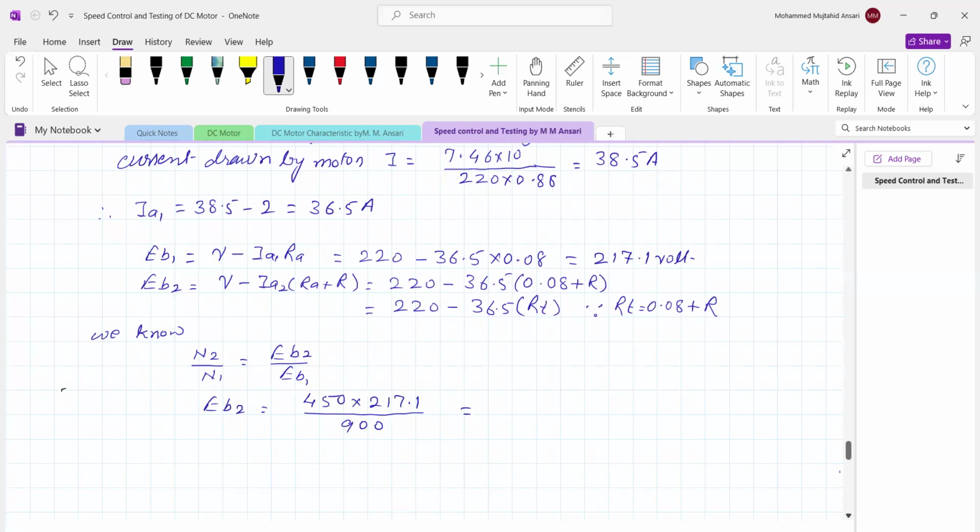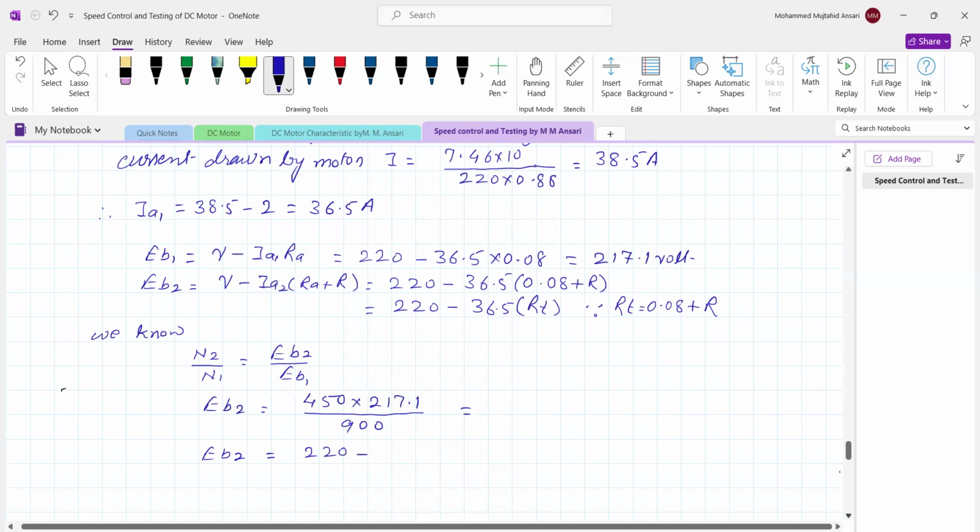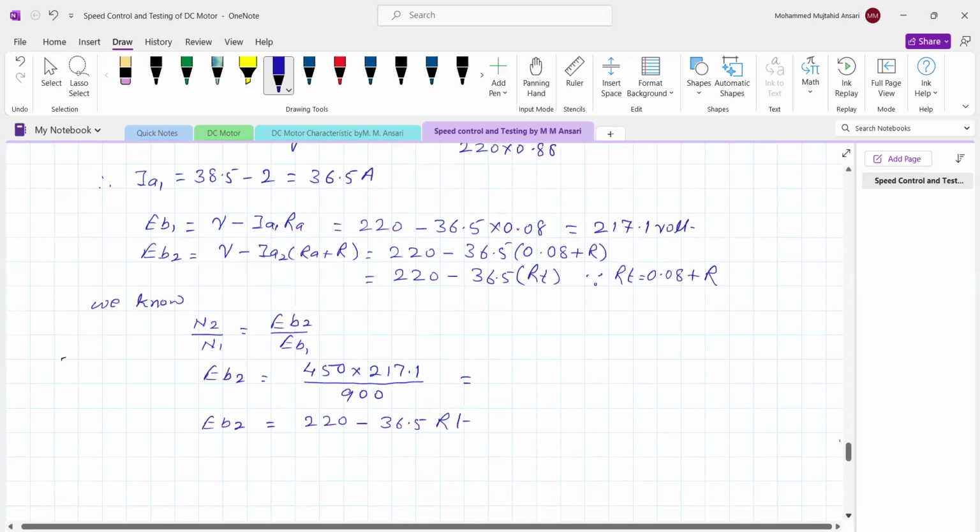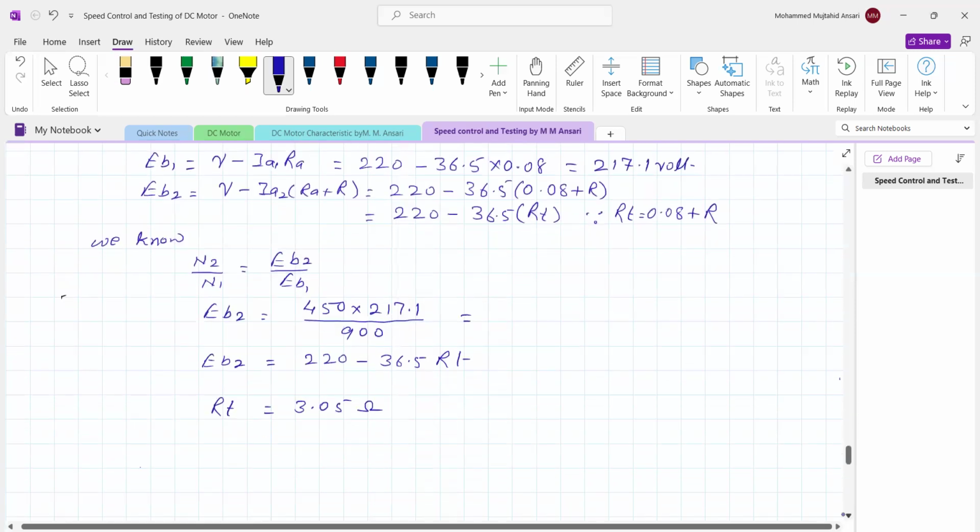EB2 is equal to 220 minus 36.5 into RT. If you put the value of EB2, we get total resistance RT equal to 3.05 ohm.